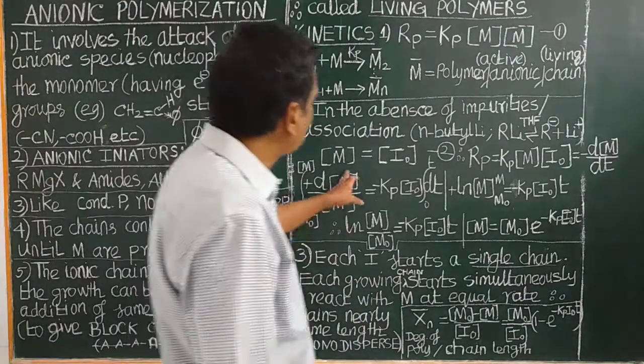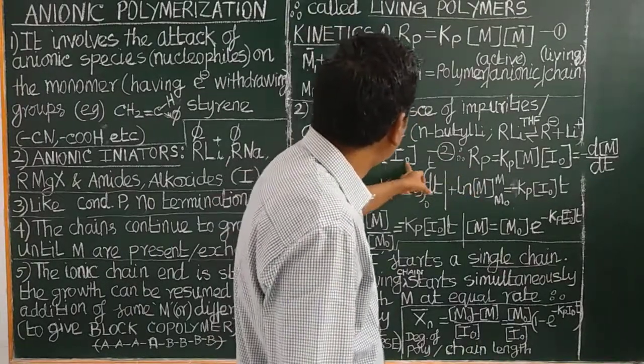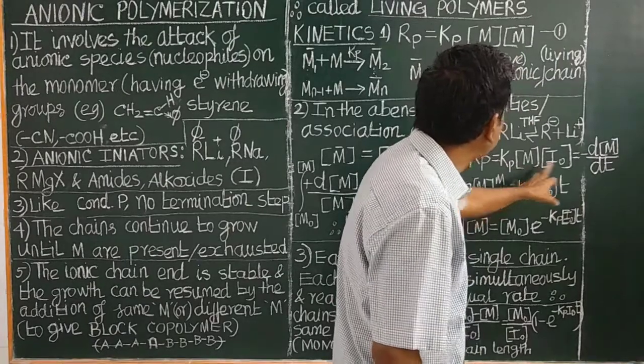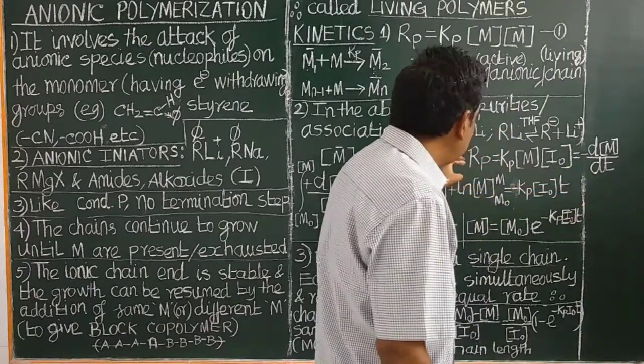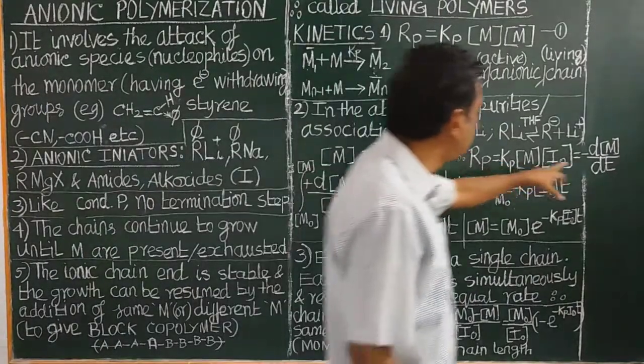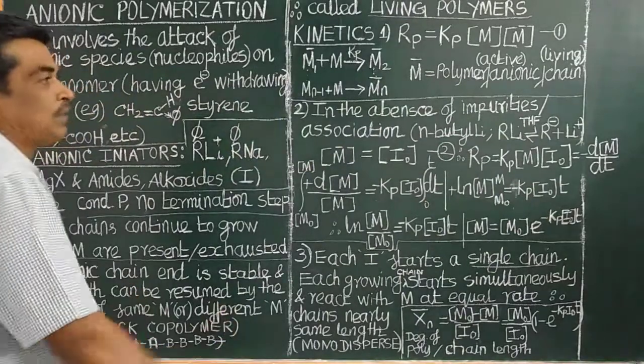On substituting [M minus] equal to I naught in equation 1, you will get this. The rate of propagation or rate of polymerization is equal to the rate of disappearance of monomer with respect to time.